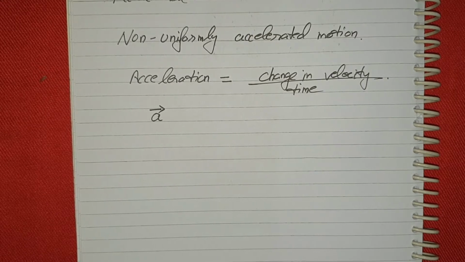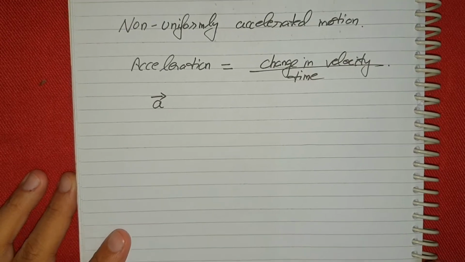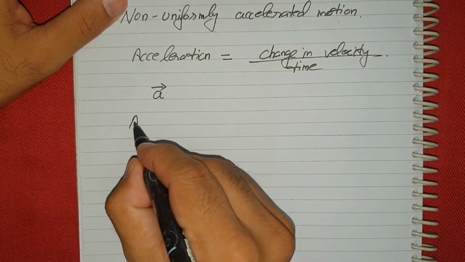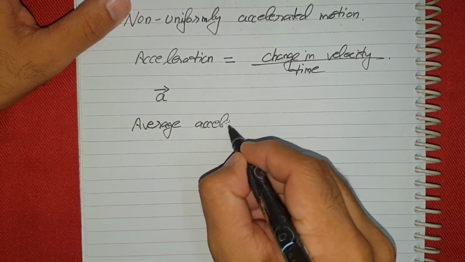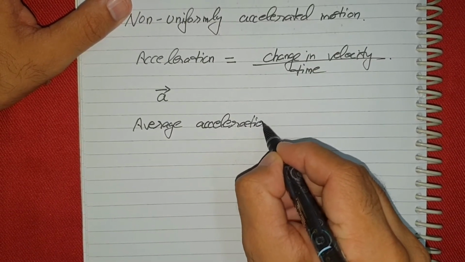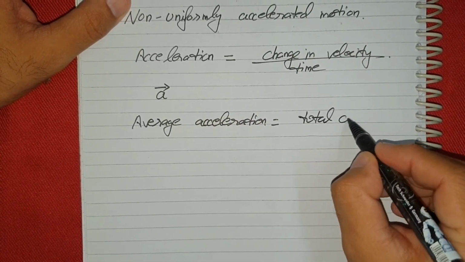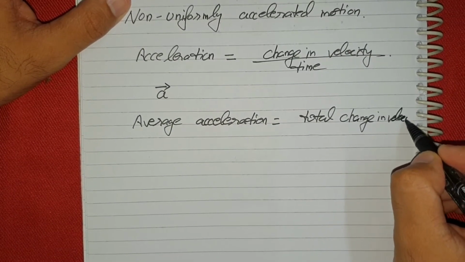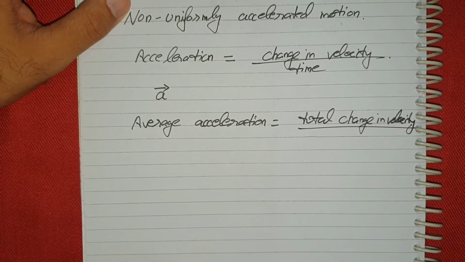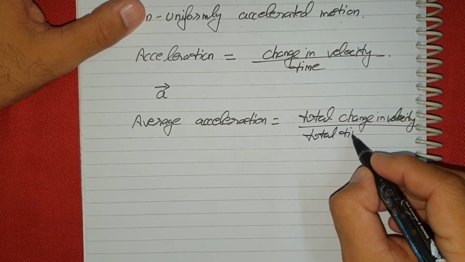Now, let us discuss average acceleration. Average acceleration is equal to the total change in velocity upon the total time taken.